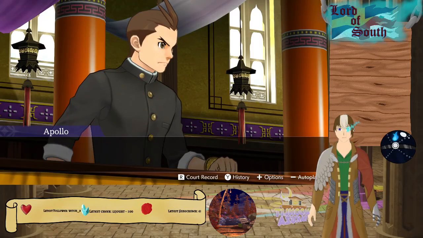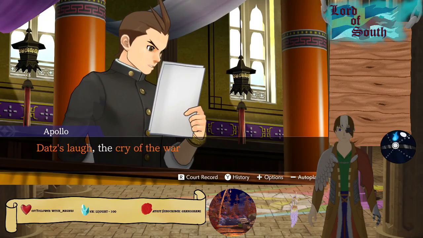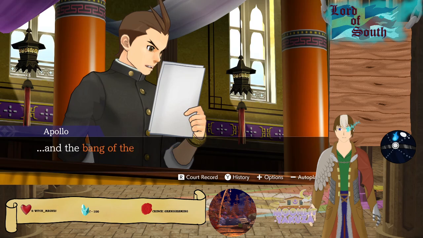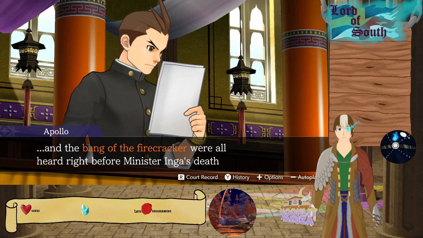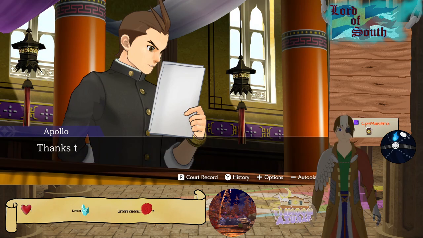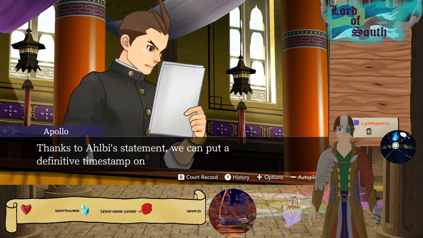I think you know where I'm going with this. That laugh, the drive to the bazaar, and the bang of the firecracker were all heard right before Mr. Inga's death.